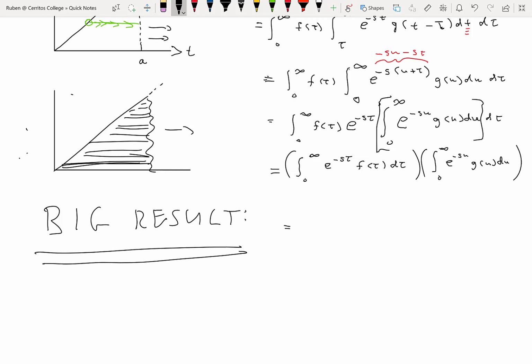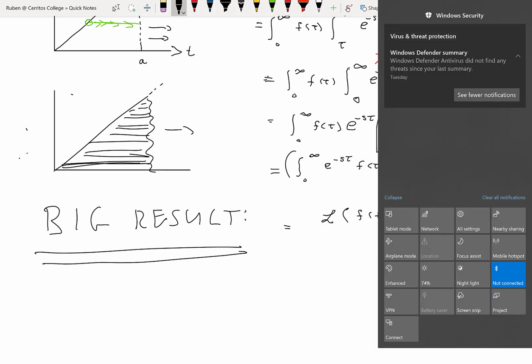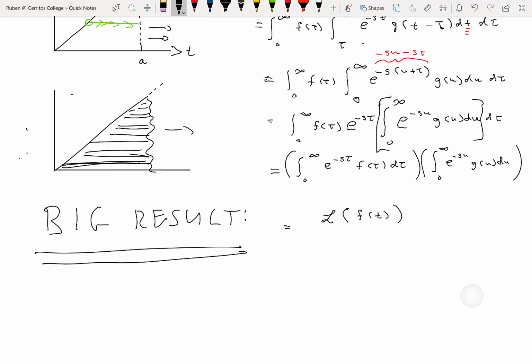Okay, and that says, well, what's the first expression? The e to the minus s tau, f of tau, d tau from 0 to infinity. That's just the Laplace transform of f of t. What's the second one? The second integral, 0 to infinity, e to the minus su, g of u du, that's the Laplace transform of g of t with respect to t.